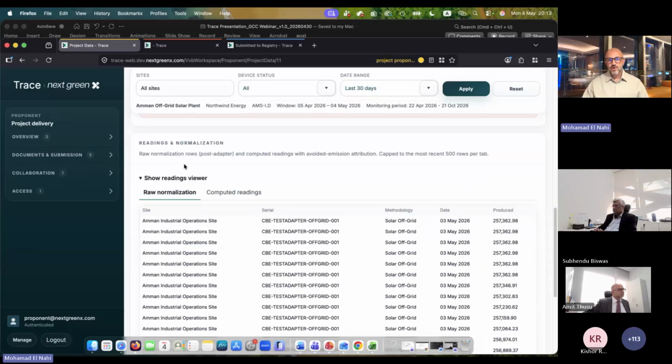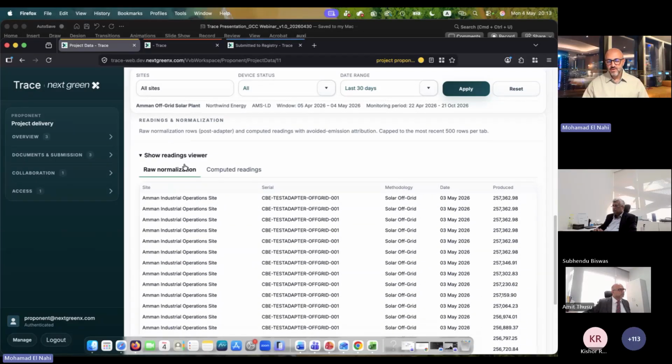We are also making use of an AI agent in the next phase, where the verifying body can directly talk to the database, on top of being able to download and inquire on the information, which is available both in raw format and in a normalized format.